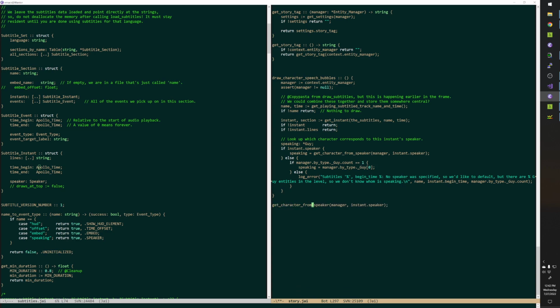All right, so we need to write this function, getting the character from the speaker. I don't know for the alt characters, I don't know if we have a good way of specifying them.